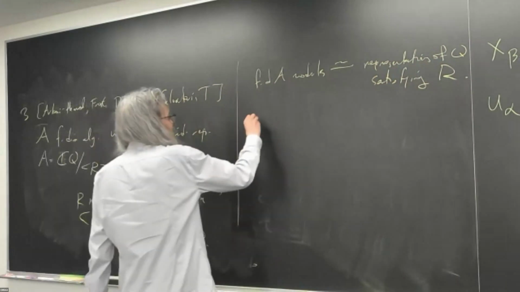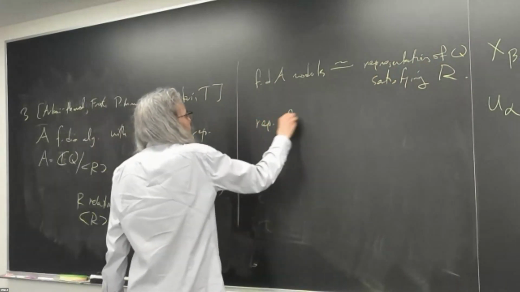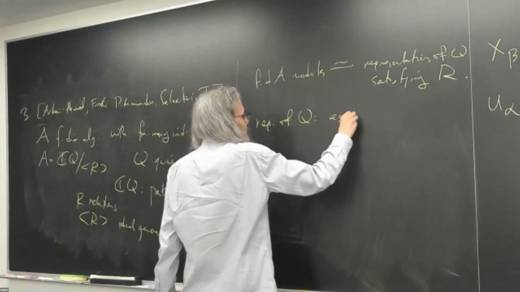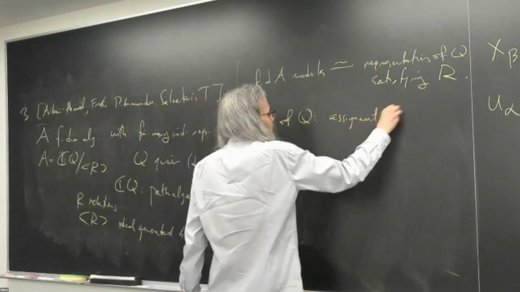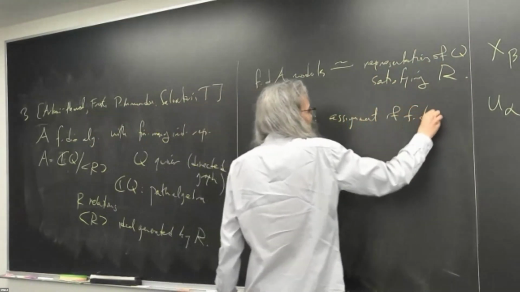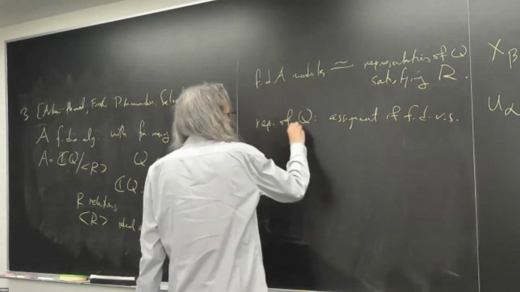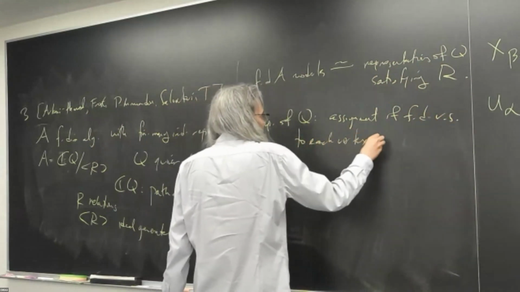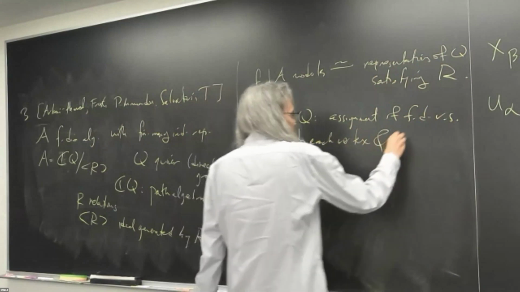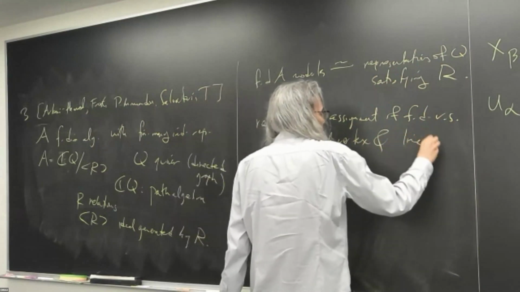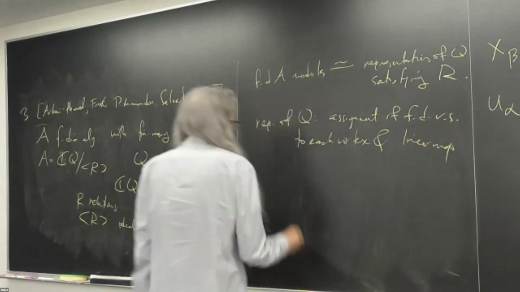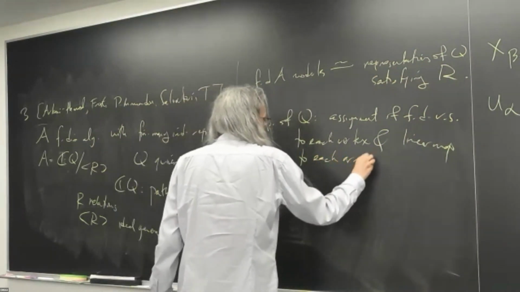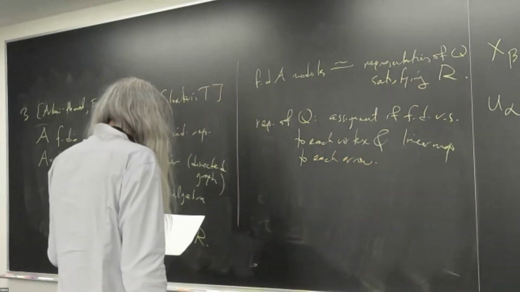So a representation of Q is just an assignment of a finite dimensional vector space to each vertex of Q and a linear map between the corresponding vector spaces to each arrow. Okay.